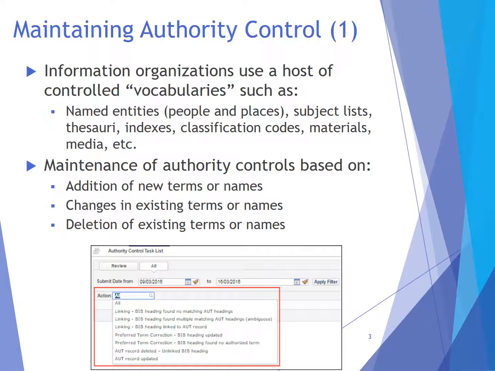In your own particular institution, you may use multiple controlled vocabularies. Every time a new entry is made, that is an author name that is not represented in your catalog, or a term that's being applied in your catalog for the first time, or an index term that's being applied for the first time, or a subject heading that's being applied in your catalog, you will need to create an authority file for that term or name.